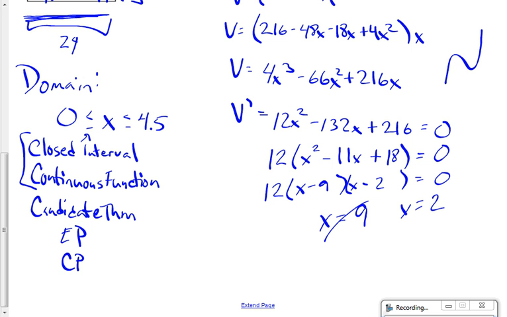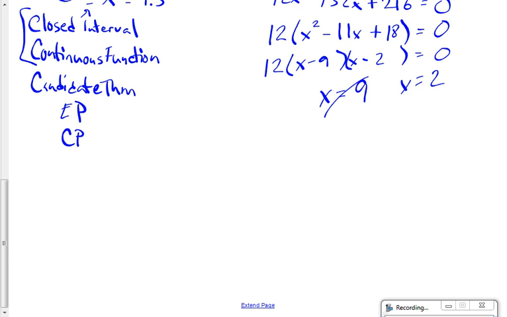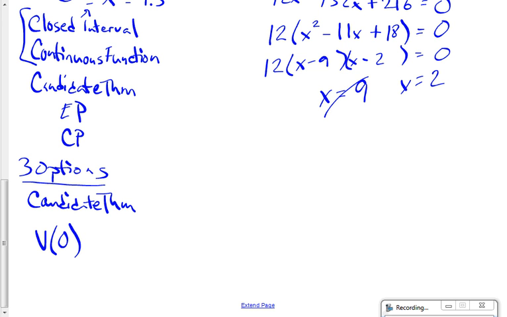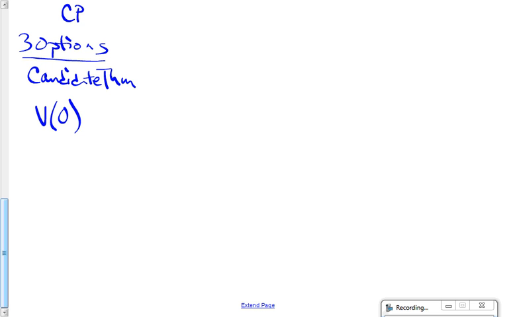But just knowing it's not good enough, you have to defend it. So here are your three options. Okay? And I'm only going to finish with one of them, but here are your three options. You can use the candidate theorem, knowing that the answer for the maximum question is either V of 0, V of 2, or V of 4.5.